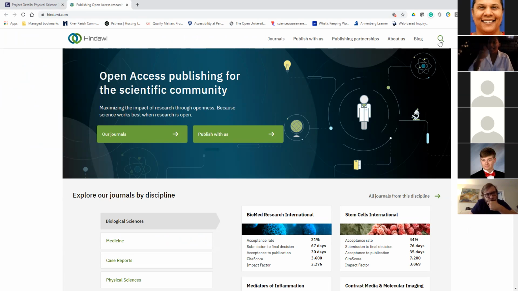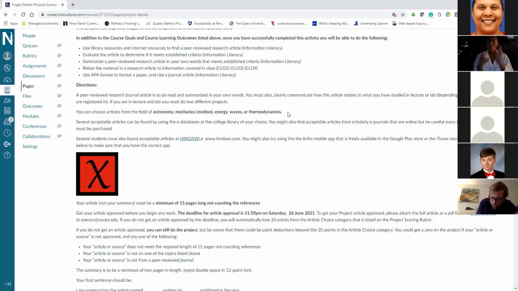Just go in the search feature, type in the topic area that you're looking for, and then begin going through those articles to make sure that they are long enough, that they're science oriented, because there are articles on Hindawi that have a more engineering or economics kind of feel to them, and that's not where I want you to focus.